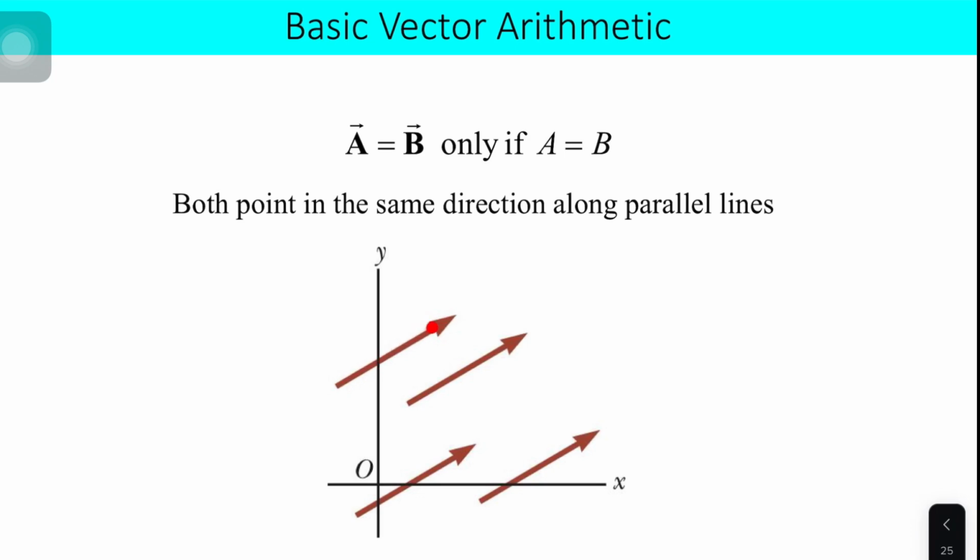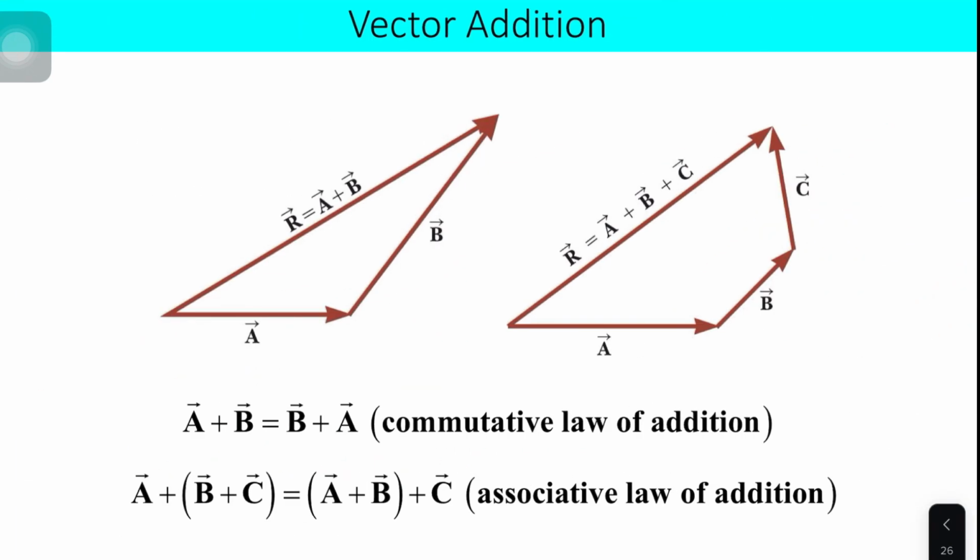So as long as we maintain the magnitude and the direction, this vector can be shifted or rearranged to any other position. It is not fixed. It's still the same vector as long as the magnitude and also the direction remain the same.